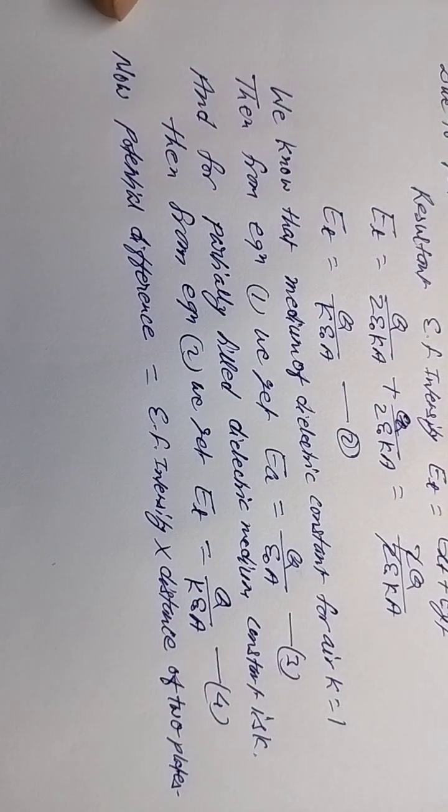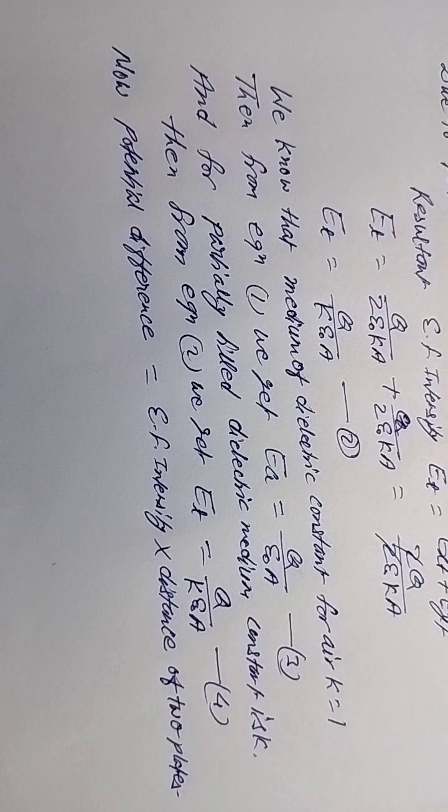But in this case there is a partially filled dielectric medium, which means the distance filled by the dielectric medium is t, the thickness. So the distance between the two plates filled with air is d minus t.